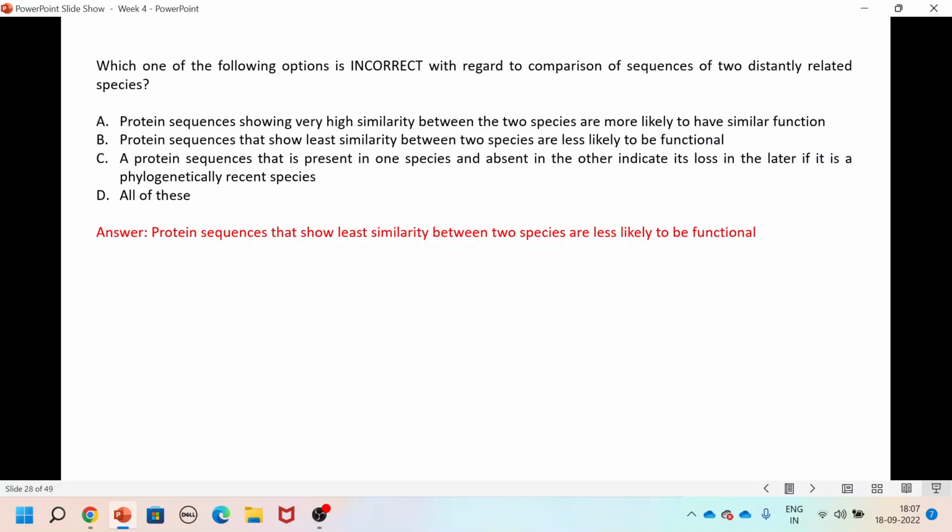We cannot say that they are not functional, right? If they are present, it means that they are functional. They might have acquired a different role, they might have acquired a different function, but if they are present in both the species, the presence itself indicates that the proteins are functional, right? Is it clear?